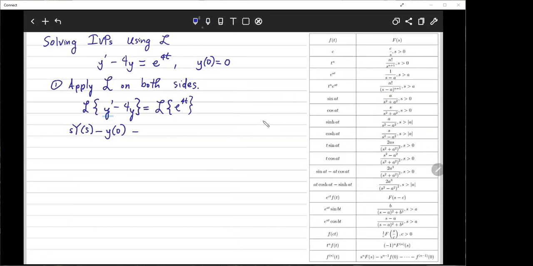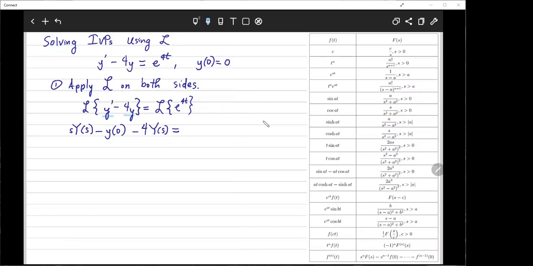So, Laplace transform naman ng 4y. I'm just going to copy negative 4 since constant lang yan. So, by linearity, I just need to get the Laplace transform of y. And by our convention, the Laplace transform of y is big Y of s. Okay? Now, for the right-hand side, kunin natin yung Laplace transform ng e raised to 4t.